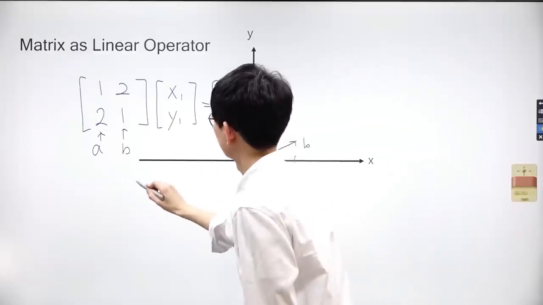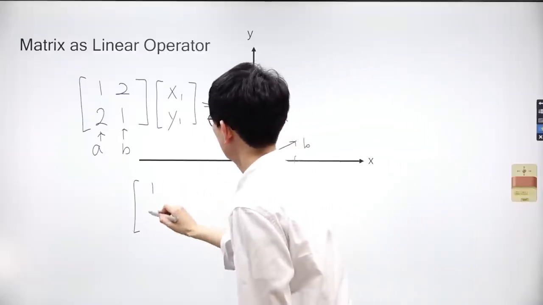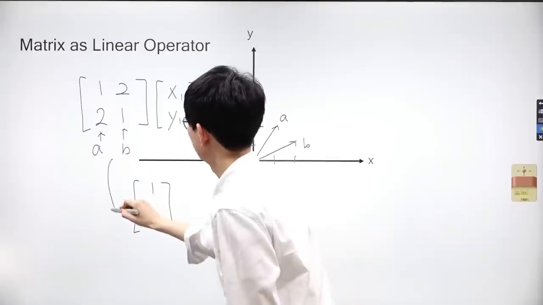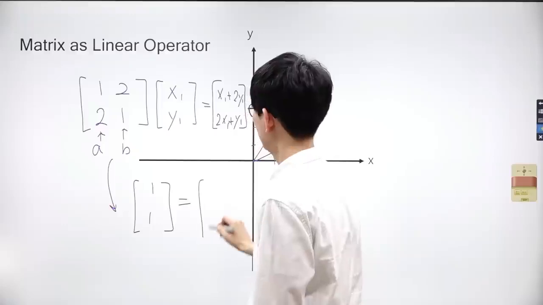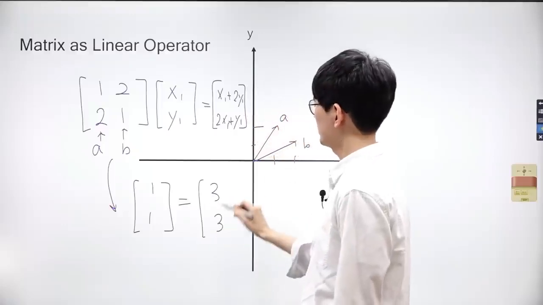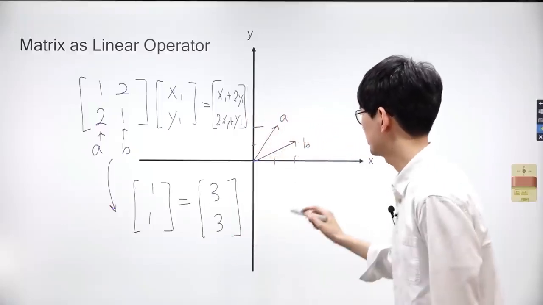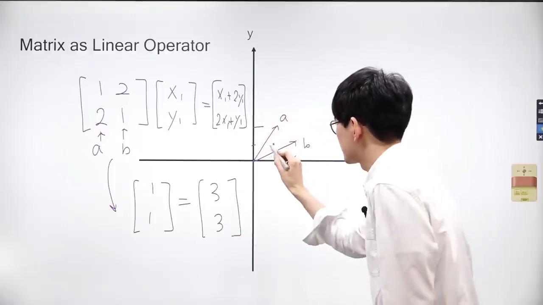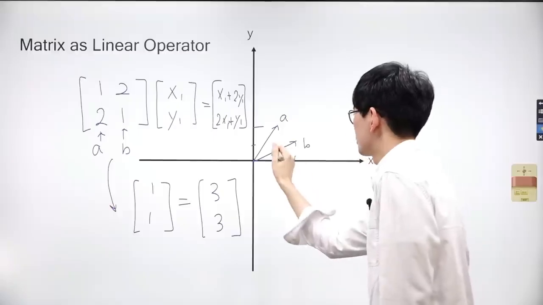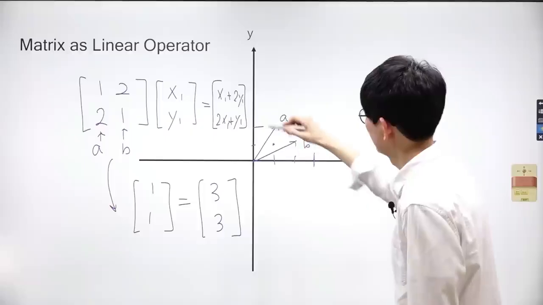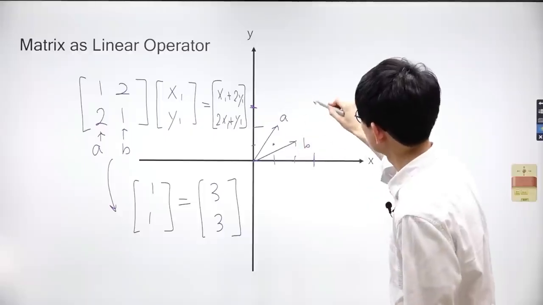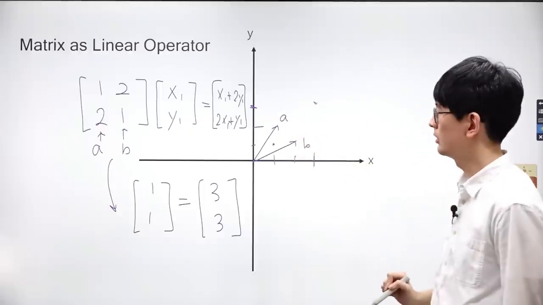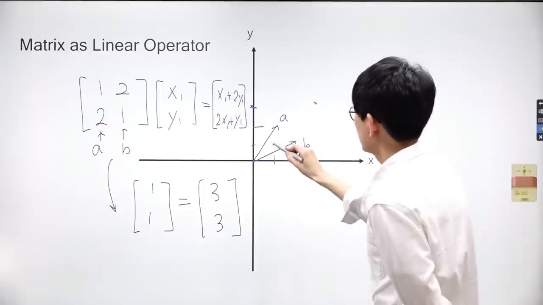If the vector x1, y1 is 1 and 1, the outcome of the equation yields the vector 3 and 3. In simpler terms, when the initial vector 1 and 1 is the input of the matrix vector multiplication, it yields a new vector 3 and 3 as output.